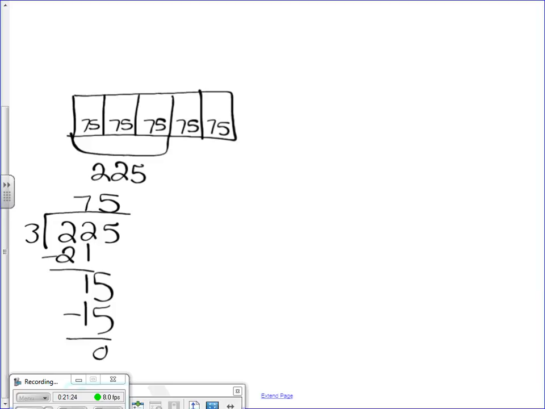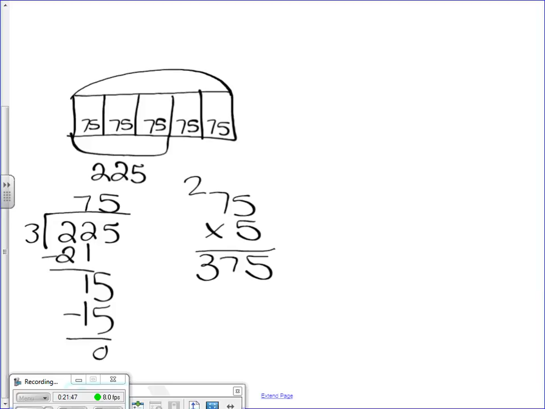Oh yeah, that's what I thought. Right. So now that I've figured out those 3, I need to figure out the total. How can I figure out the total? Multiplying 75 times 5. $375.